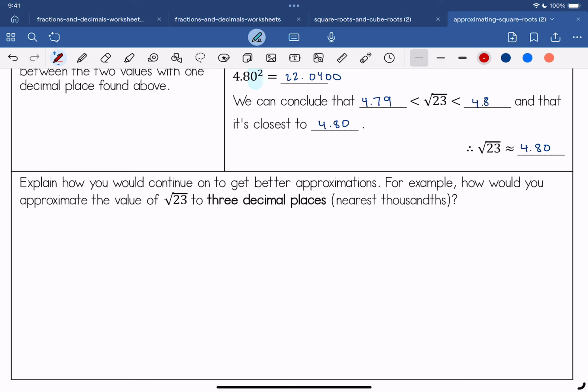Then I would check which square number is closest to 23. For example, 4.794, 4.795, 4.796 to the power of 2 for each one of them, and I would see which solution will be the closest to 23.